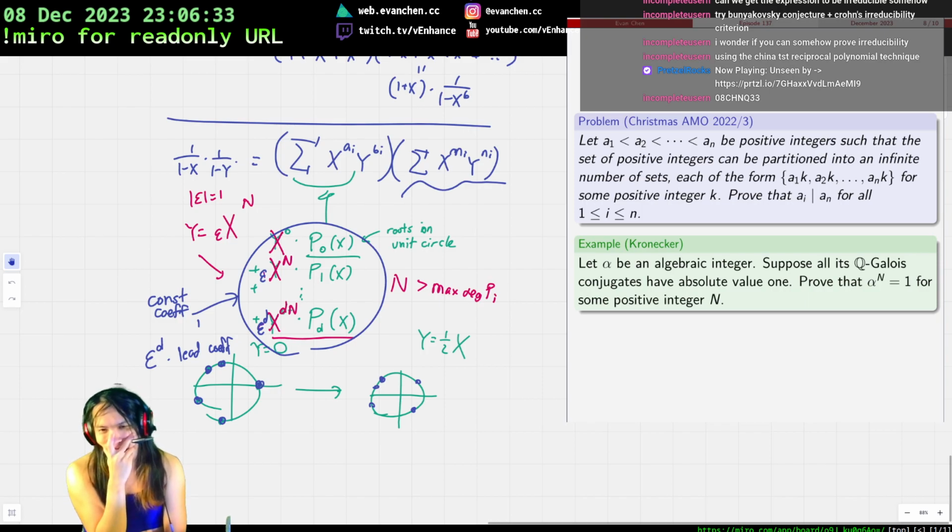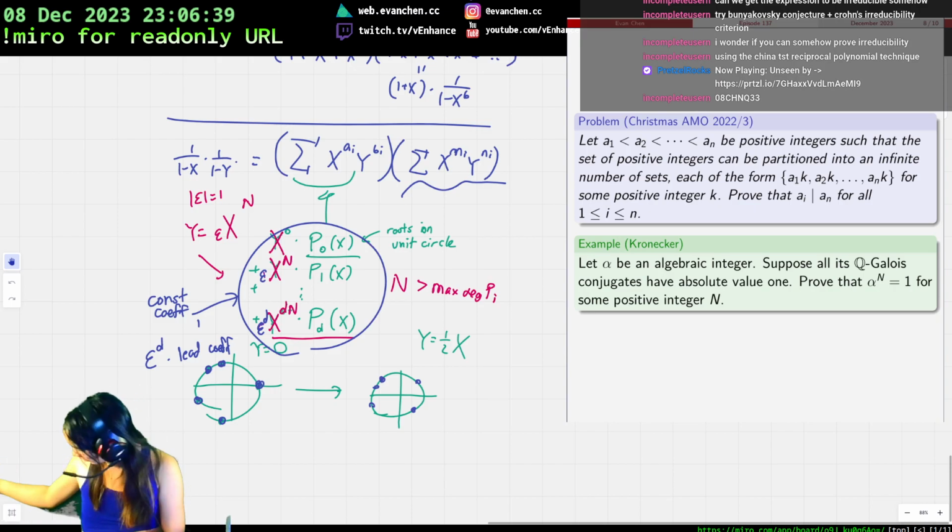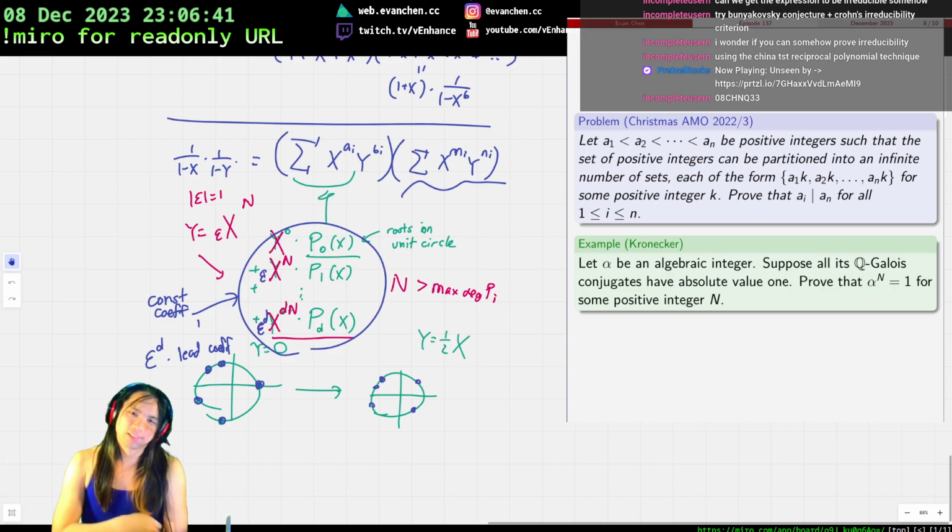Yeah, I don't know. I feel like if I need to use that, I'm screwed anyway. Damn. Mm hmm. Yeah, I just don't know integer polynomials well enough. That's the problem.